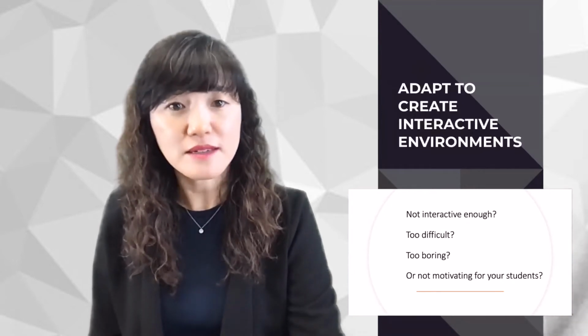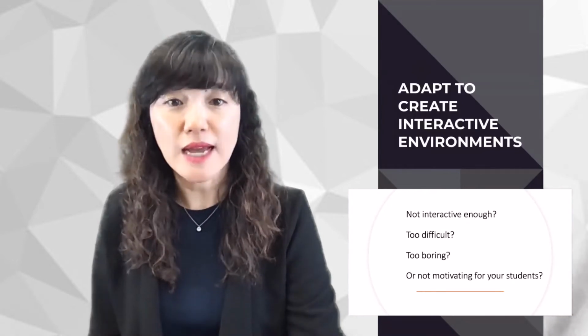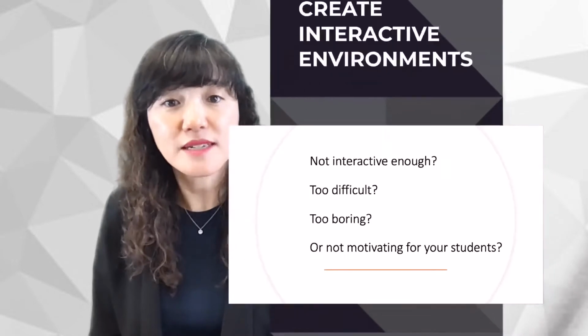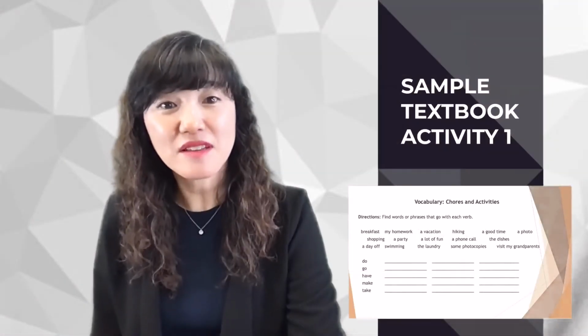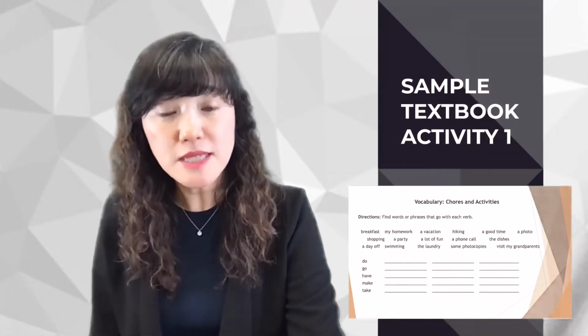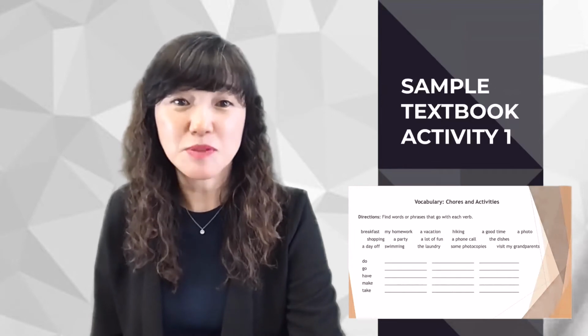What do you think? What do you do when activities in your textbooks are not interactive enough, too difficult, too boring, or not motivating for your students? Let's think together a little deeper here about a sample activity I found in a textbook.